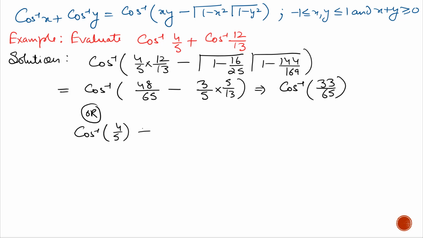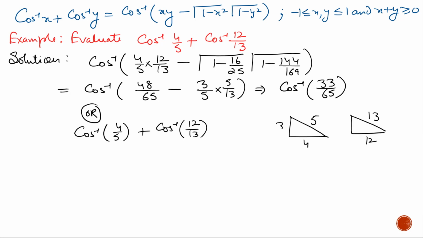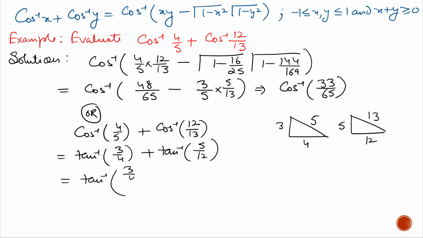Or instead of this, we can convert cos inverse into tan inverse. In the first case, base is 4, hypotenuse is 5. In the second case, base is 12, hypotenuse is 13. So perpendicular is 3 and 5 respectively. So we get tan inverse 3/4 plus tan inverse 5/12. We know the formula, tan inverse x plus tan inverse y is equal to tan inverse of (x plus y) upon (1 minus xy).